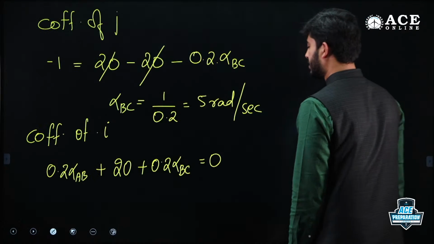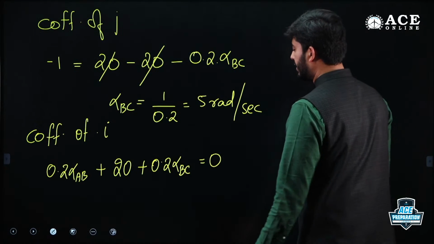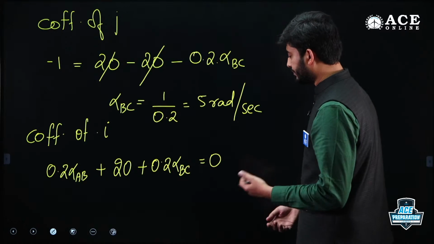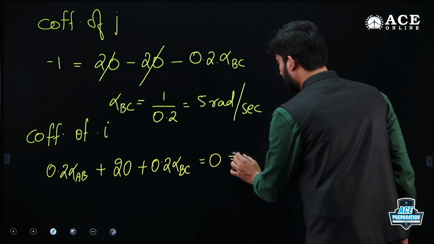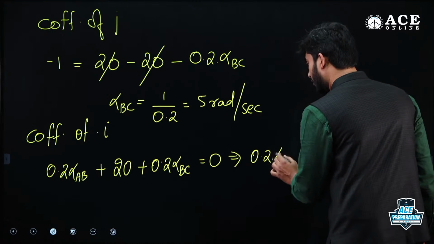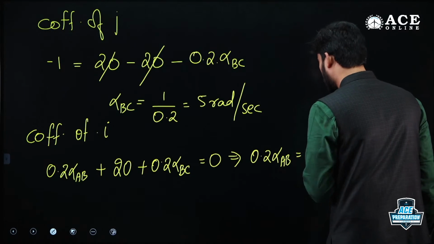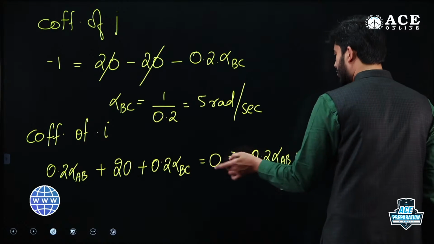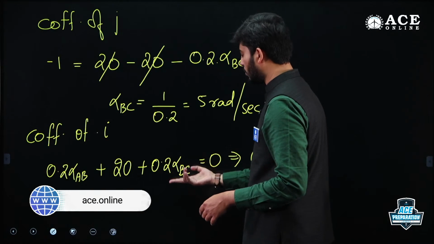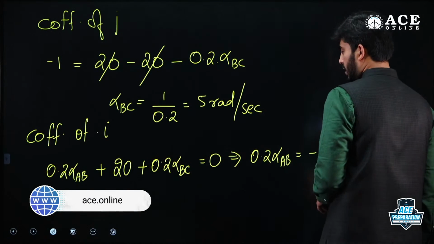If we solve, alpha_BC is anyways 5, so 0.2 times 5 is 1.